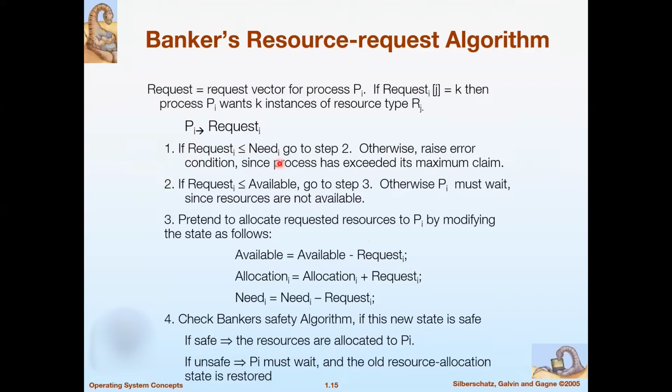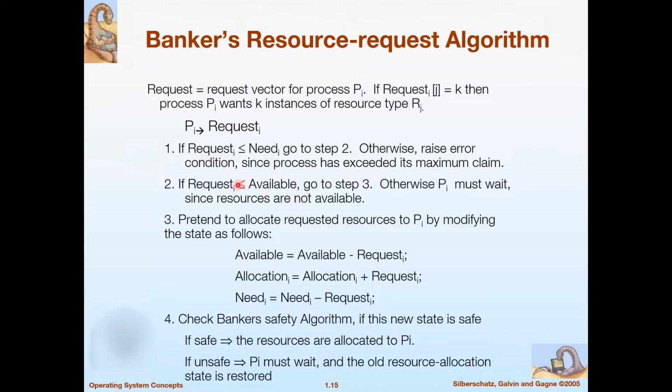In the first step of the algorithm, it will check if Request i is less than or equal to Need i, that is the ith row in the matrix Need.